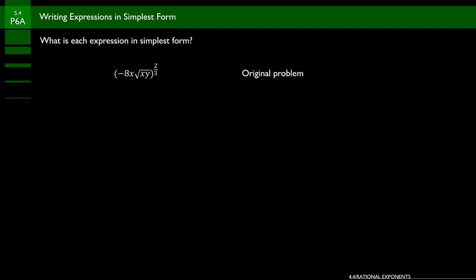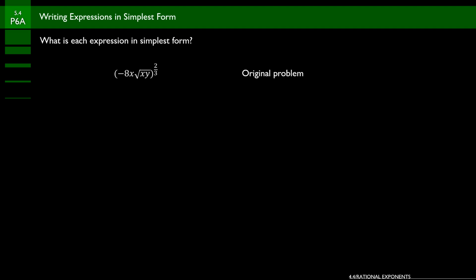For problem number 6a, we're asked negative 8x, square root of xy, and everything in there raised to the 2/3. One of the things that you definitely have to know is that the 2/3 exponent applies to everything inside of those parentheses. It applies to the negative 8, the x, the square root of x, and the square root of y.